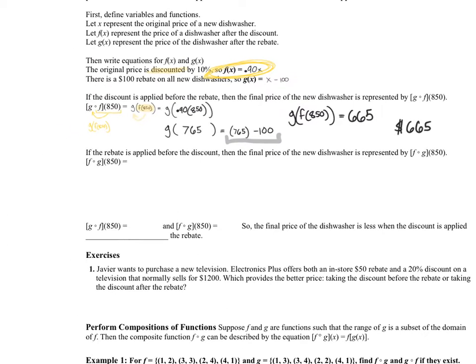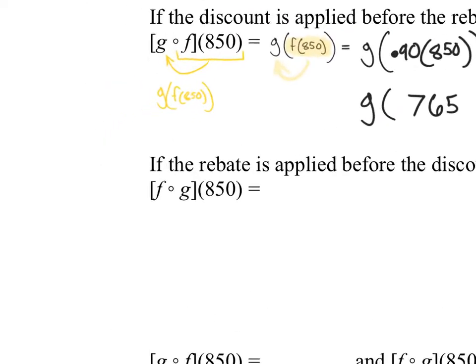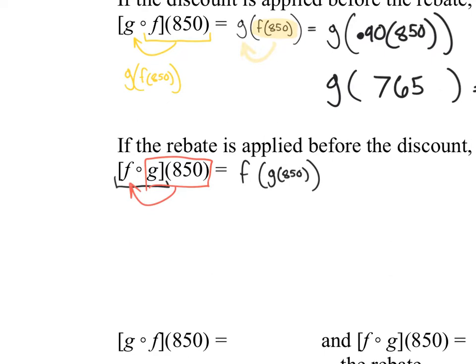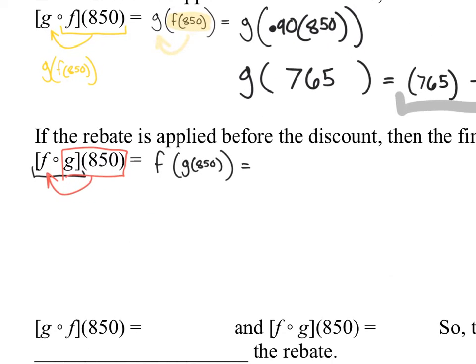Now let's do that same process, except this time we're not going to do GOF, we're going to do the fun word FOG, which is really do the g portion first and then take that answer, right? So do the g portion first, then carry that answer over. So to calculate g of 850, it's going to be 850 minus the $100 rebate.